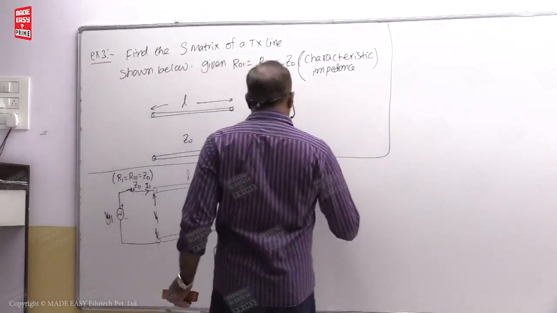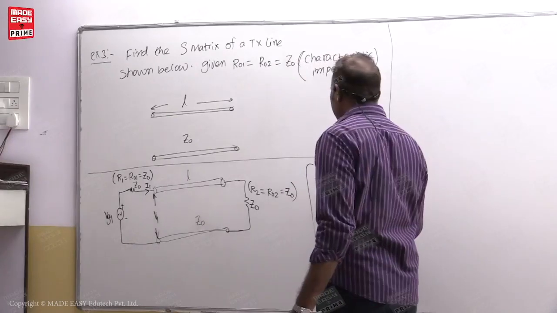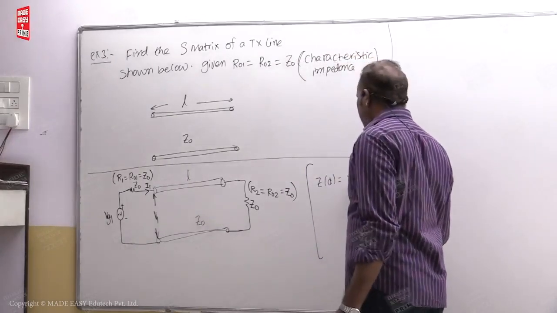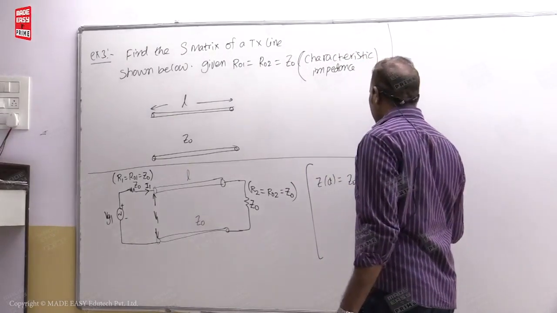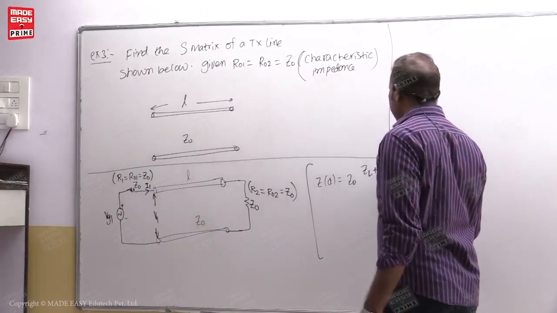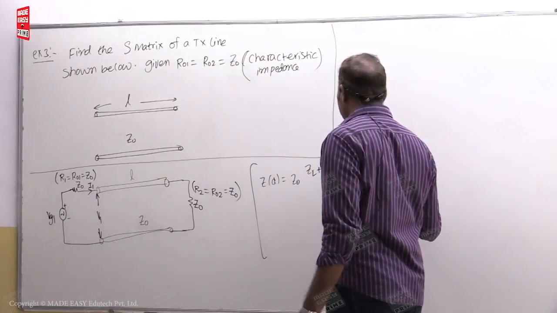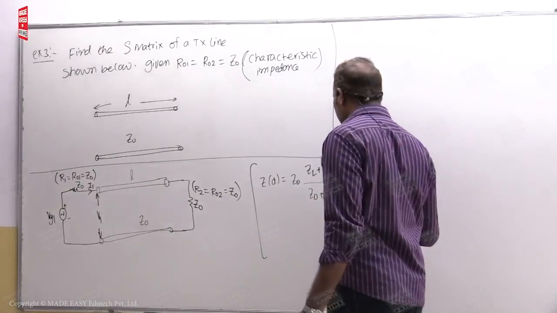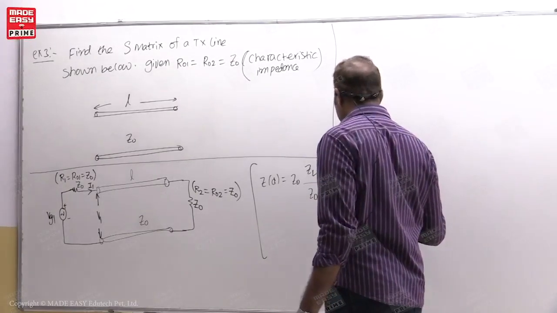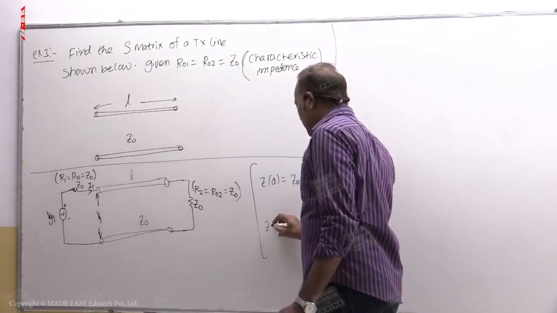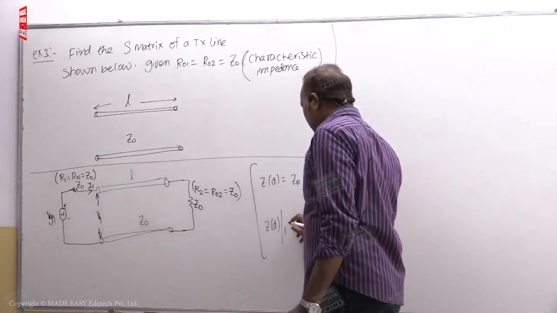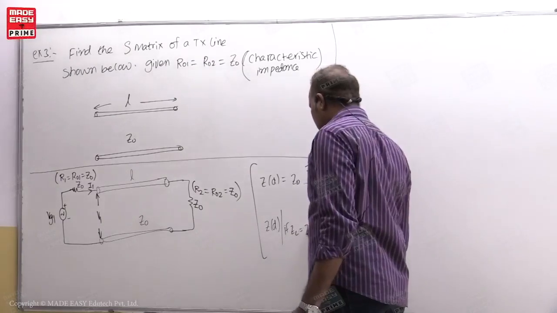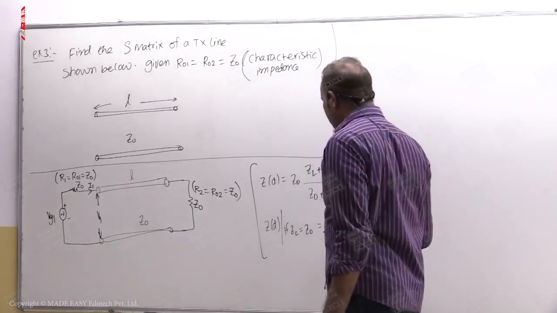We have seen Z of D is equal to Z0 times (ZL plus Z0 tan gamma D) divided by (Z0 plus ZL tan gamma D). So Z at any distance, if ZL is equal to Z0, implies it is matched at load.